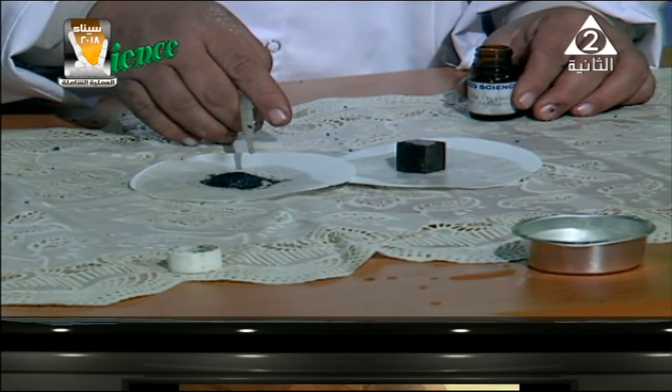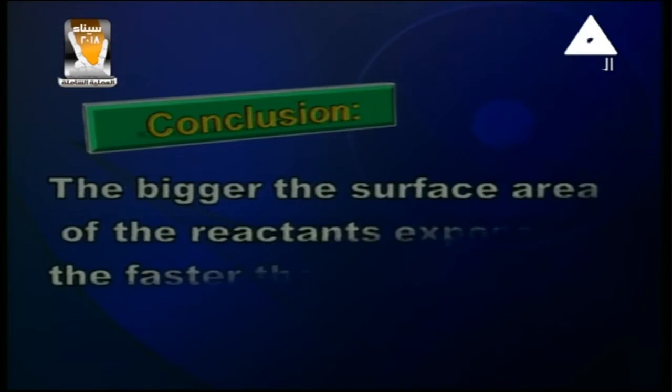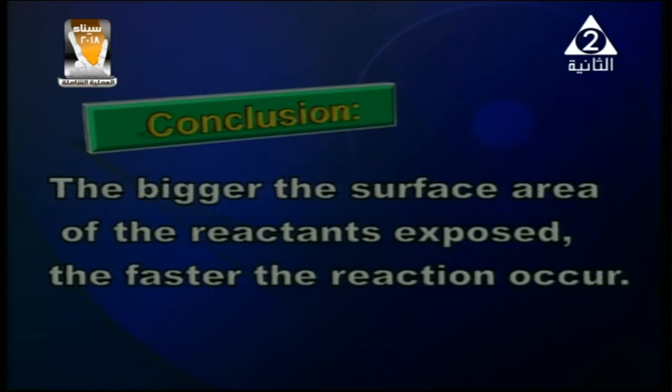It's easy and good. The reaction occurs only in the molecules of the outer layer of the reactants. Say, the bigger the surface of the reactants exposed, the faster the reaction. With a large surface area, the rate of the chemical reaction increases.